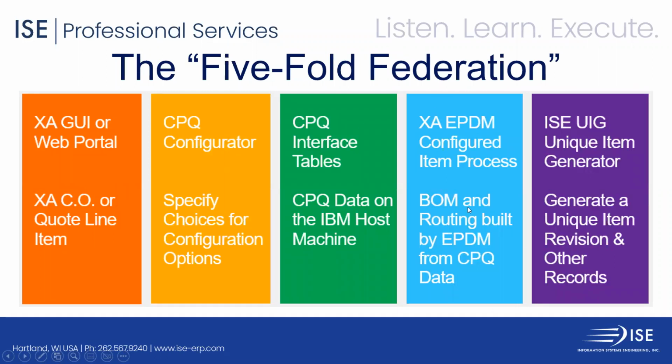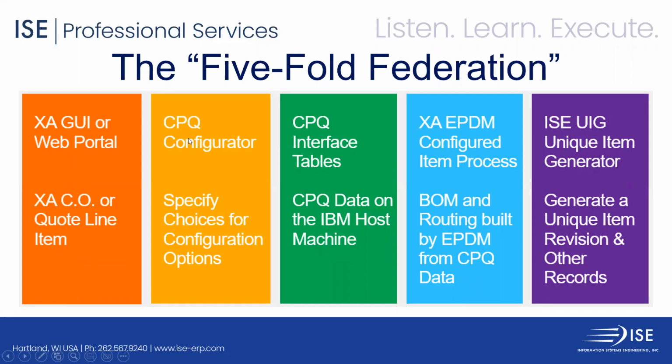This is the entire flow. You start off with some type of web portal or XA graphical user interface, PowerLink, NetLink, ComNet2, or enterprise quoting, and you enter a valid CO line item or a quote line item that's a configurable item.